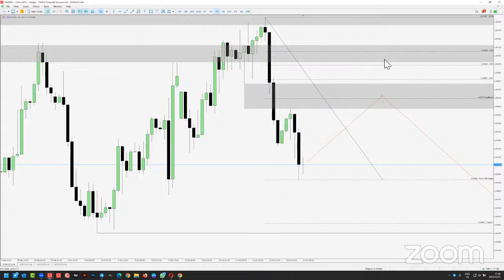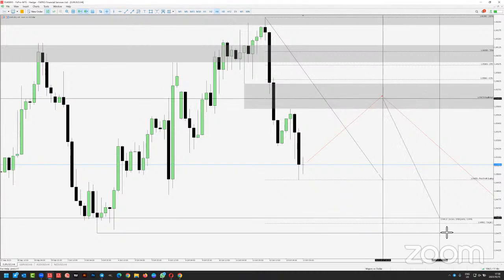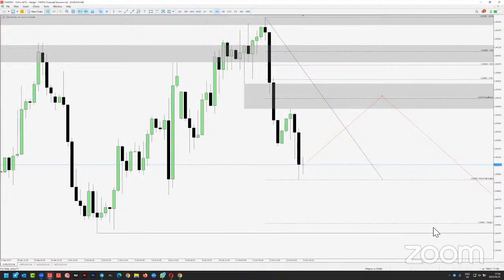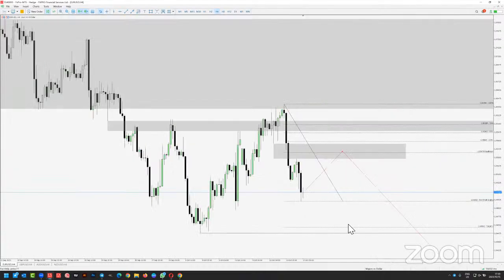That's your range for looking for shorting opportunities. Targeting which area? Targeting right there. The 1.04478, you see. That's like the weekly target on Euro USD.